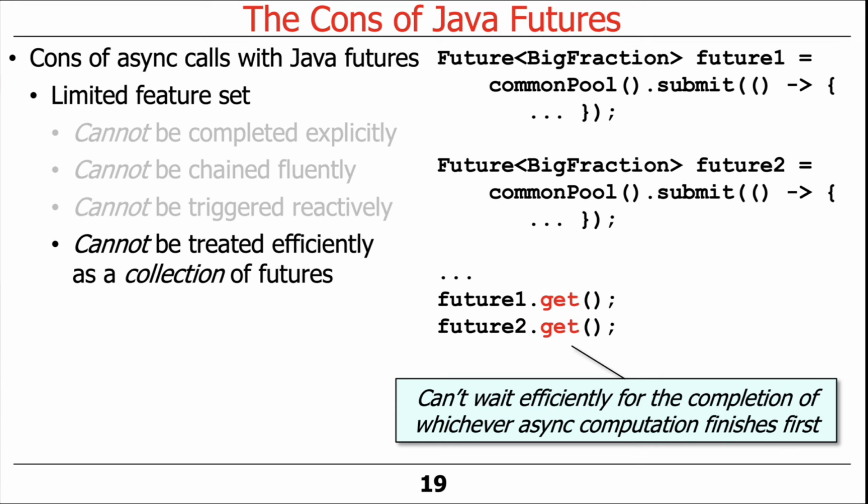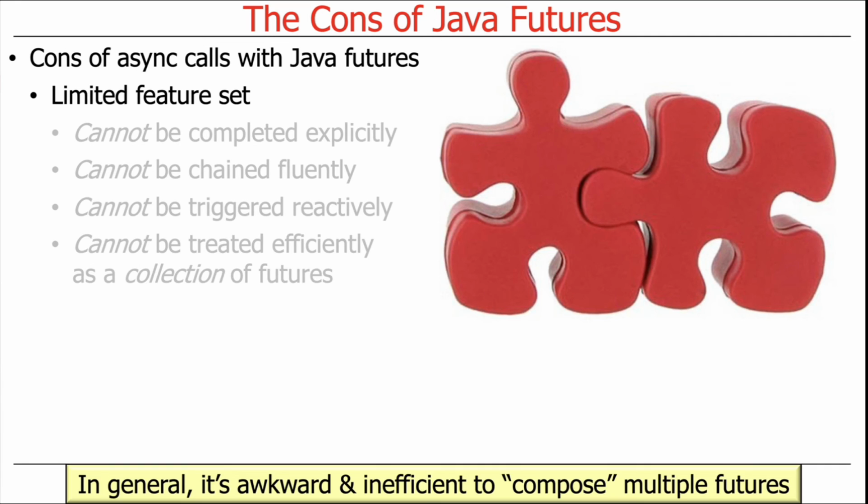And if you call future 1 first, but future 2 finishes first, you're going to have to wait for future 1 to finish before you can get the result from future 2. There's no way to be able to treat collections of futures in a very convenient way, just by using futures. There's other stuff we'll talk about later that would allow you to do that. So in general, the big problem here is it's awkward and inefficient to compose multiple futures together. The composition doesn't work. It's like putting pieces of a puzzle together that don't really fit.